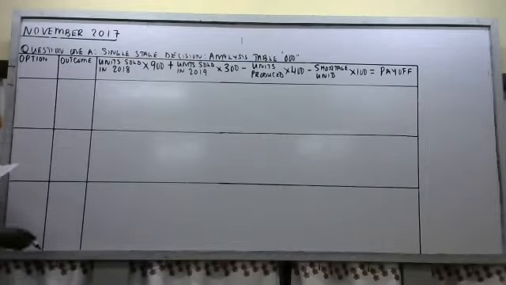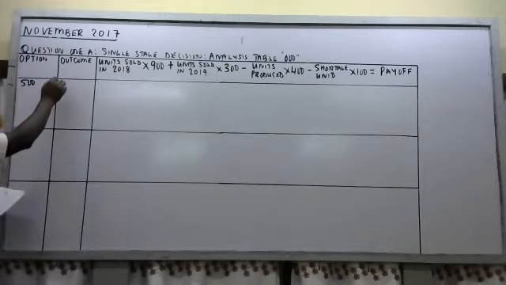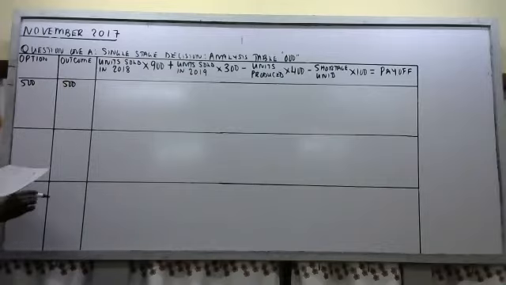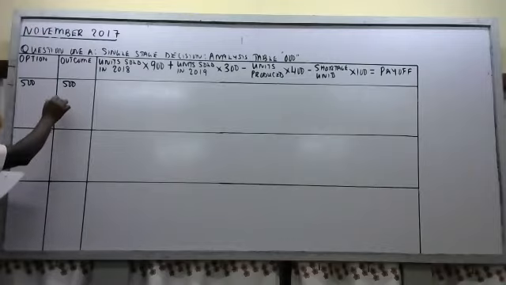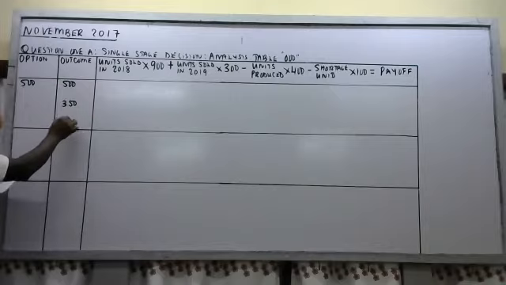So the first one, we can decide to produce 500. If you decide to produce 500, there is a possibility demand turns out to be 500, or it turns out to be 350, or it turns out to be 300.